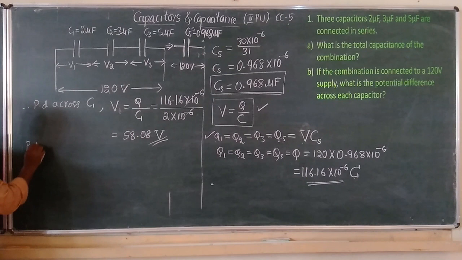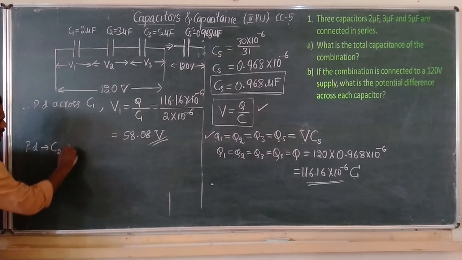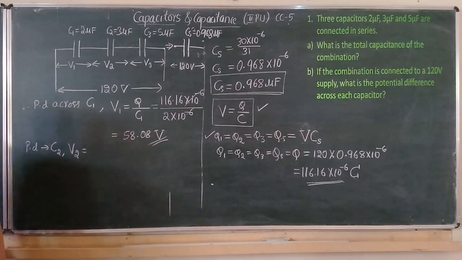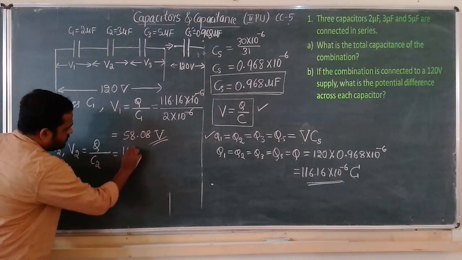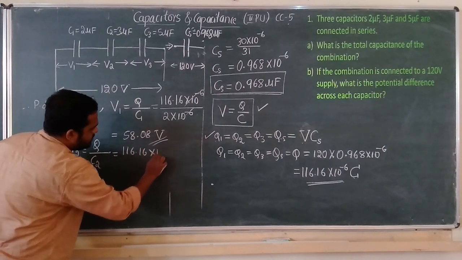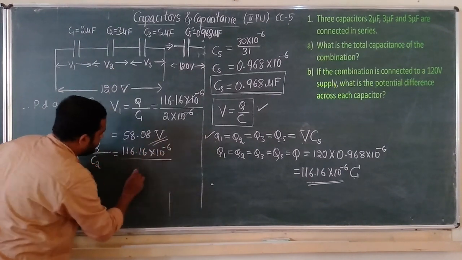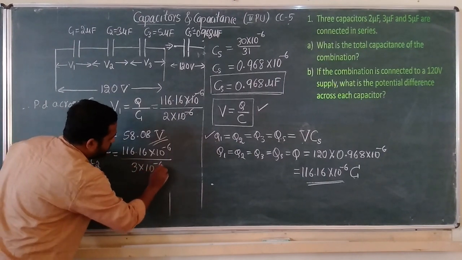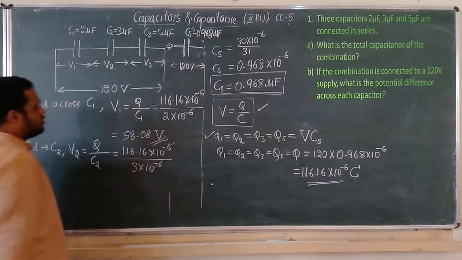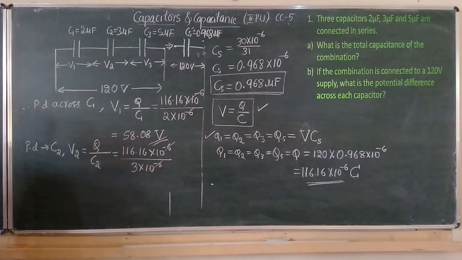So the potential difference in case of C2, V2, is equal to again Q divided by C2. Q is 116.16 into 10 power minus 6 divided by the capacitance, 3 micro, so 3 into 10 to the power minus 6. The 10 to the power minus 6 cancels.